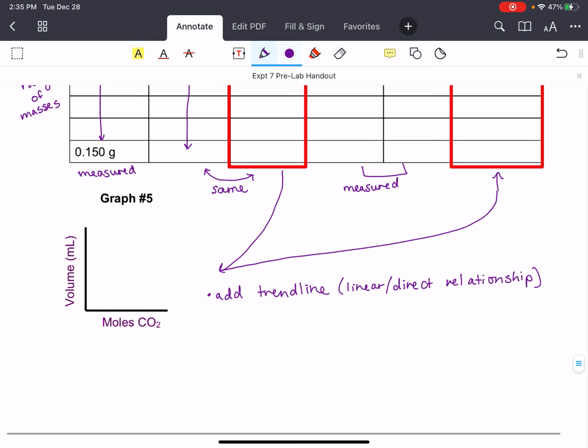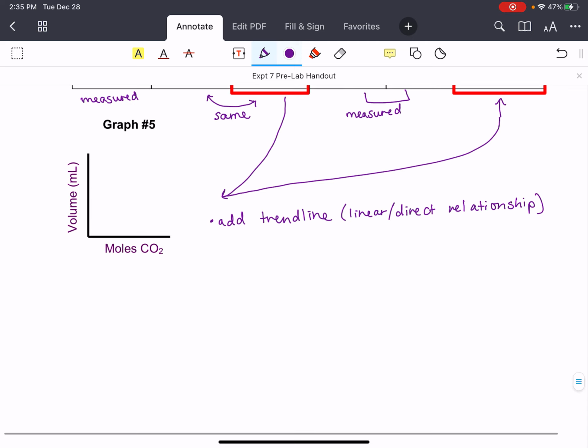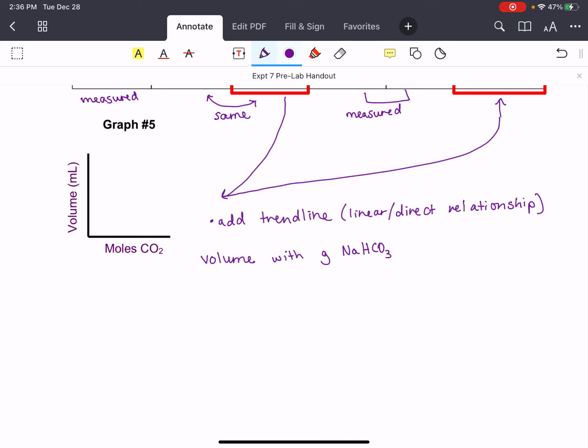One more thing in this part, so we may ask you to relate the volume of the syringe barrel with the amount of sodium bicarbonate used. So this is one of your questions. So notice that the plot, the things that it relates are volume of CO2 with the moles of CO2.